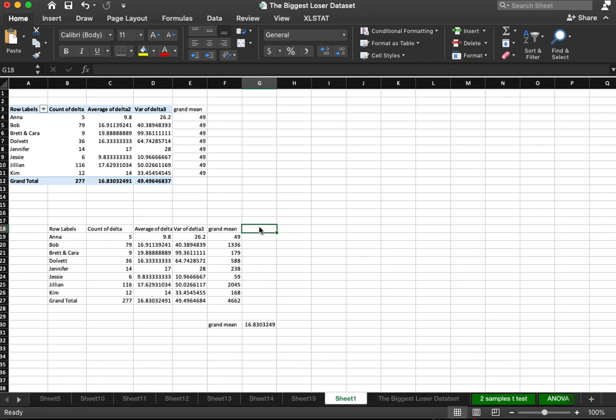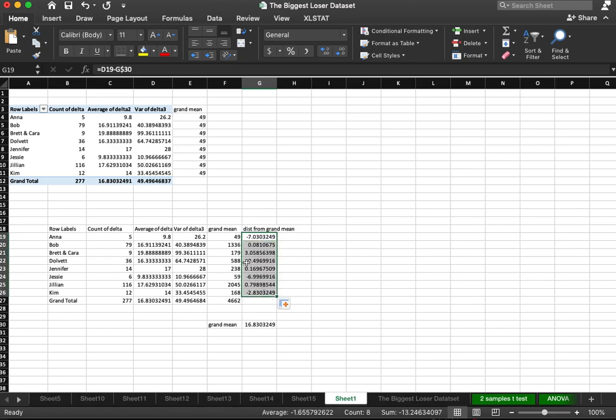Now let's calculate the distance of each of these from the grand mean. So this is Anna's distance minus the grand mean. Just going to lock this in place with the dollar sign. Come down all the way.